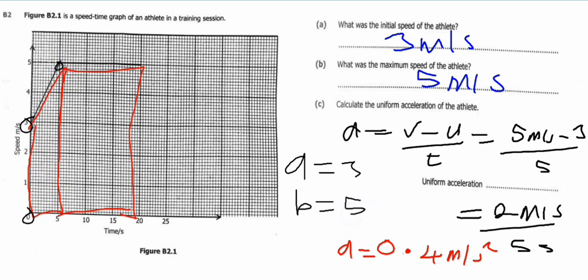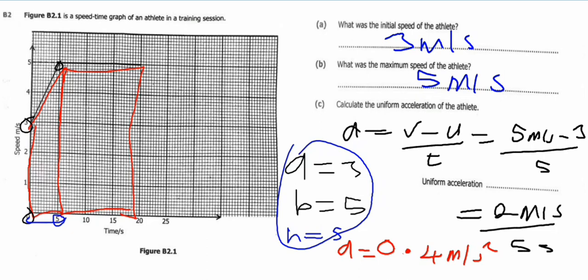So the value for A is 3 and the value for B is 5. Then let's come to the height. The height is this one, from 0 up to this 5 here. So the height is 5 for the trapezium.